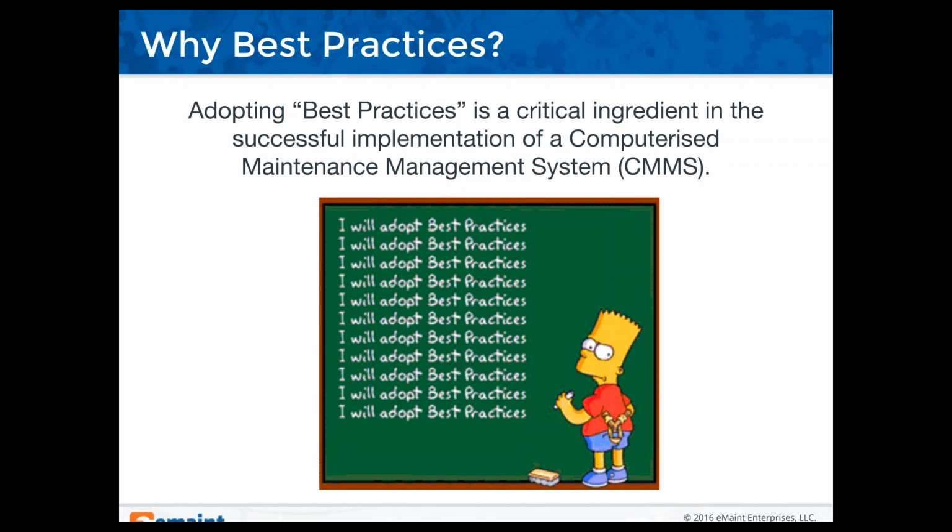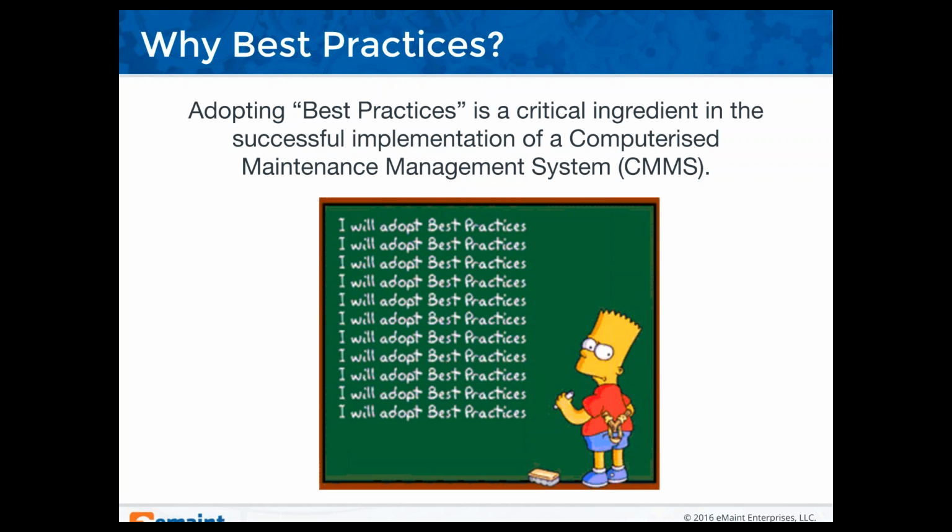Best practices in our business, standards in our business are, of course, very, very useful, very, very worthwhile. We do our best to take advantage of them. So adopting best practices is a critical ingredient in the successful implementation of a CMMS. So for all you Simpsons fans there, it's not quite a bad day at school, but certainly very, very useful to take advantage of industry best practice and standards.